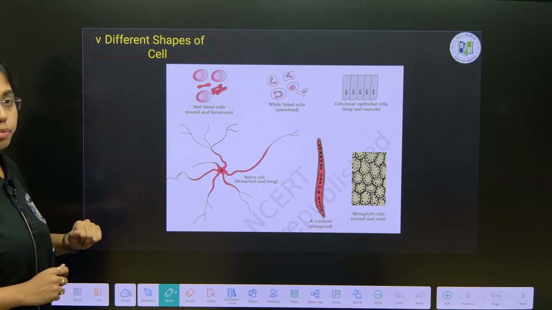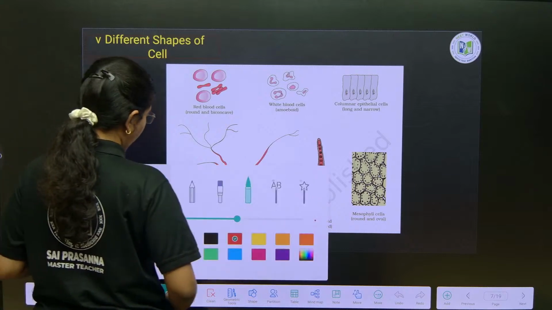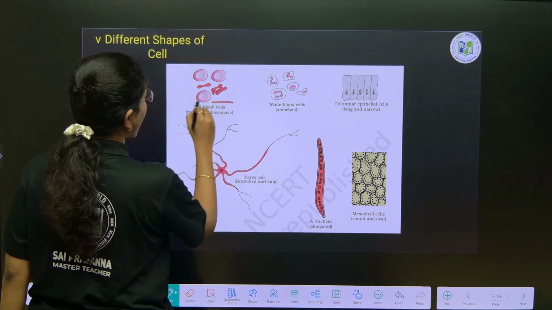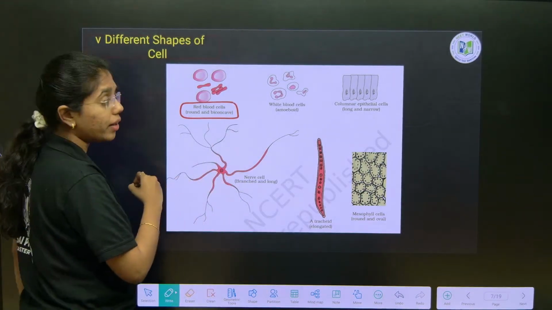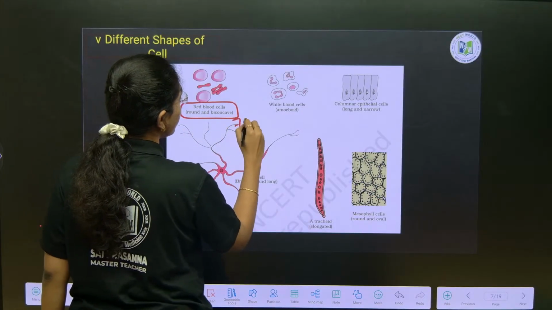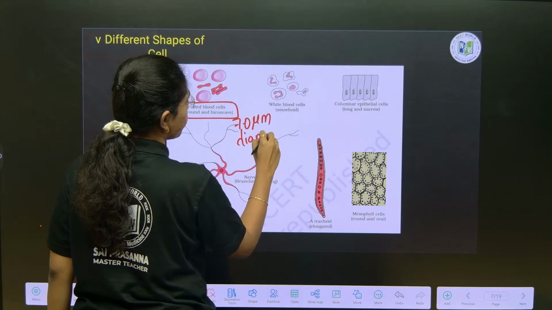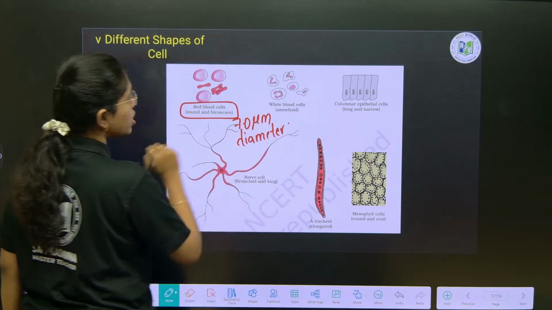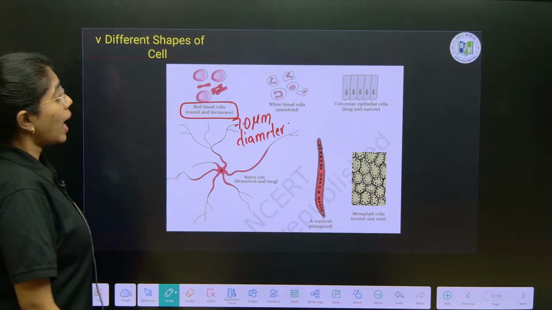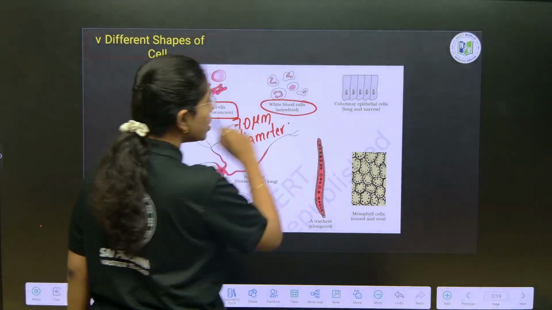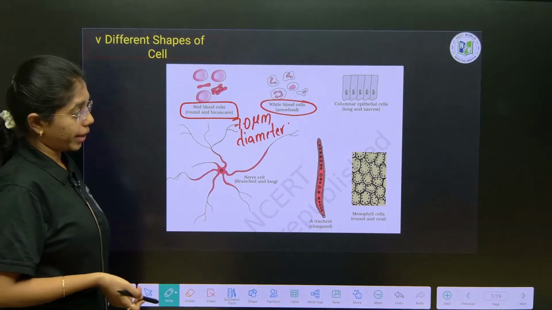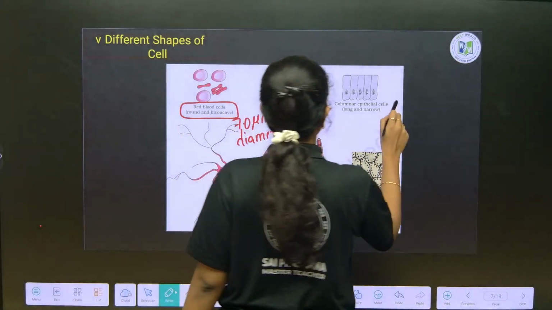Different shapes of cells: RBC is round and biconcave, around 7.0 micrometers in diameter. White blood cells are usually shapeless, so they are amoeboid. Columnar epithelial cells are long and narrow.